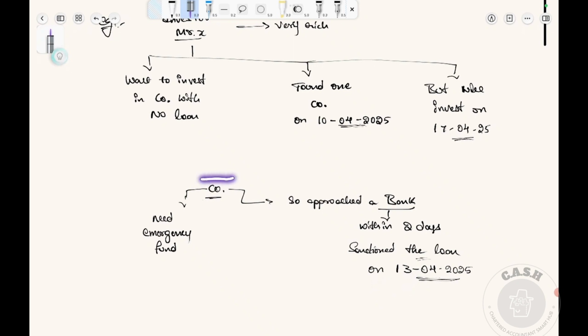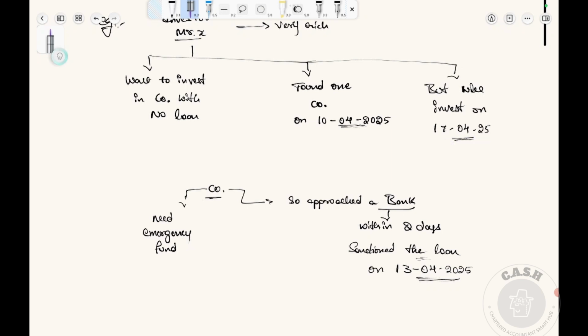Now the company has an obligation to repay the money to the bank, that is a loan. Now on this day, Mr. X arrives to invest, and he only remembers last week's balance sheet. He still thinks the company has no loan as of today.